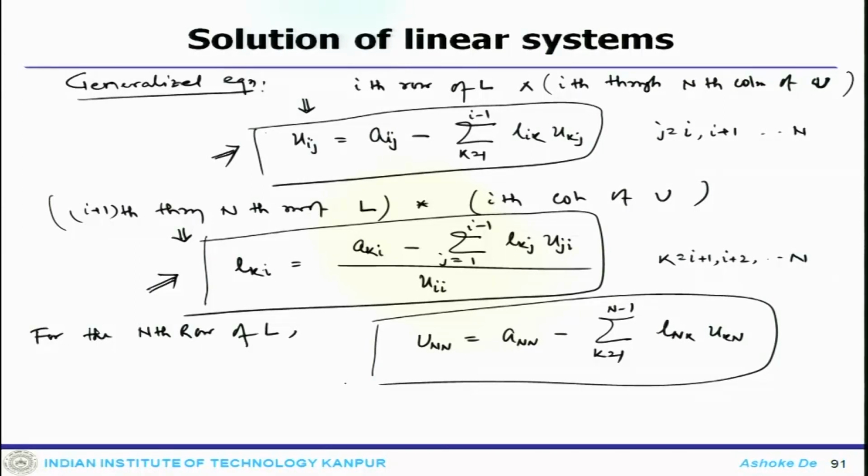One case you get all the coefficients of the upper triangular system, using this you get all the coefficients of the lower triangular system, and then finally you get the nth row.